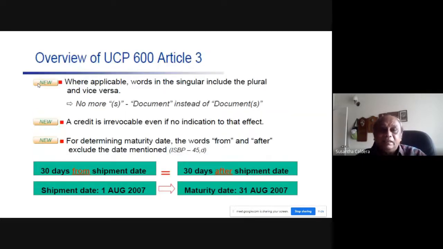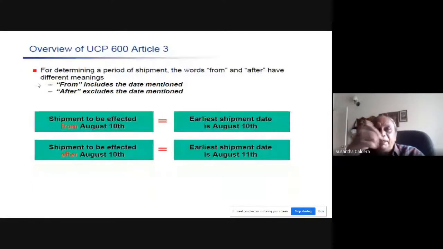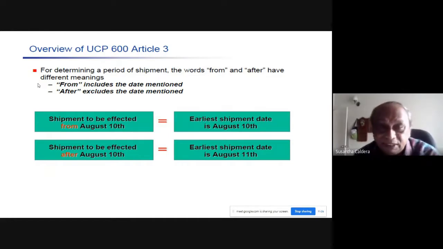But for determining the maturity date, from and after both exclude the date mentioned. When it comes to shipment, they have different meanings. From includes the date mentioned and after excludes the date mentioned.